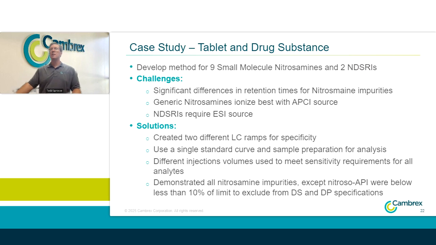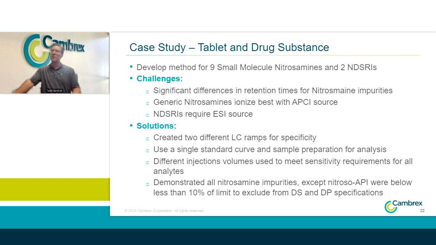And so looking at an initial case study, we had 9 small molecule nitrosamine impurities and 2 NDSRIs to develop methods for. With the significant difference in retention times for all of these nitrosamines, we really needed to work on chromatographic conditions. And again, the generic nitrosamines, we found ionized with an APCI source, but the NDSRIs really, with their larger size, required the ESI source for the most sensitive ionization and detection.